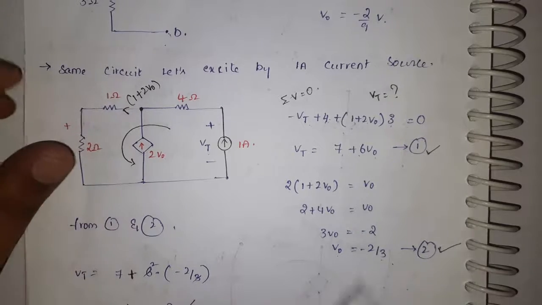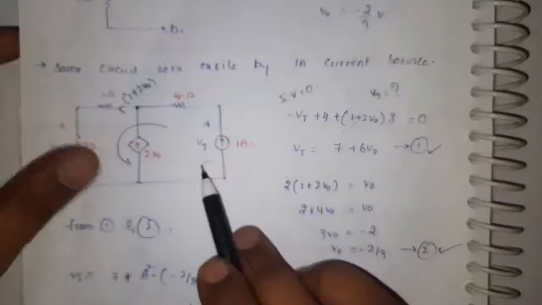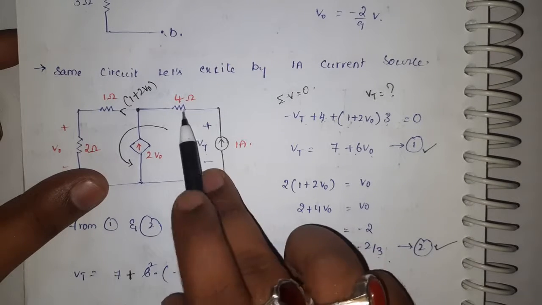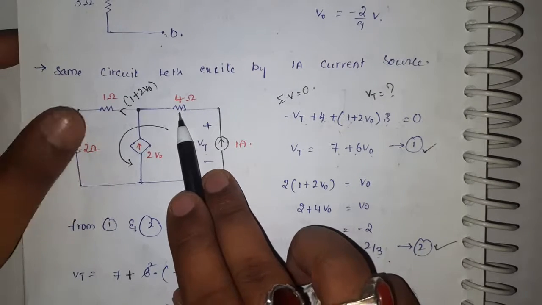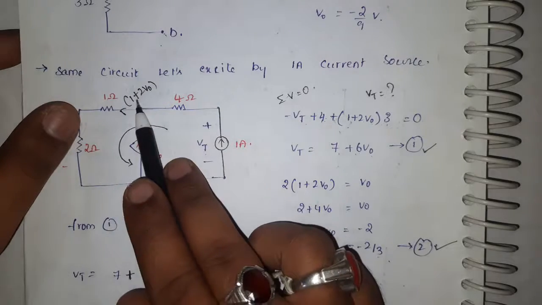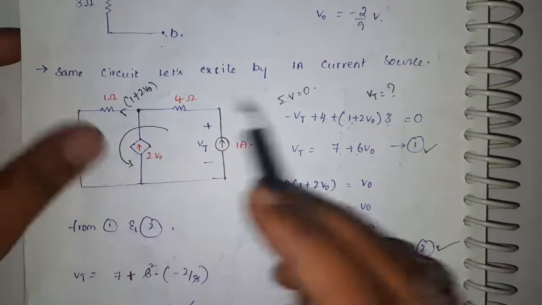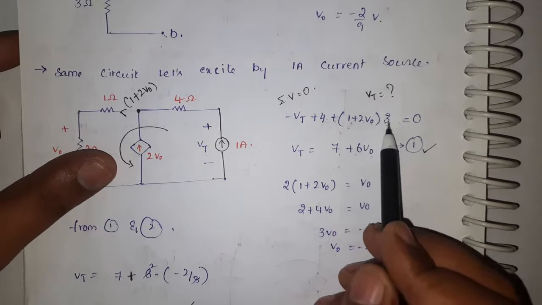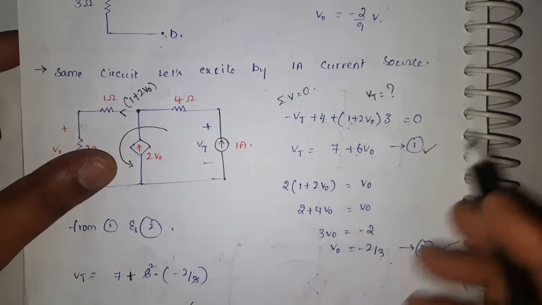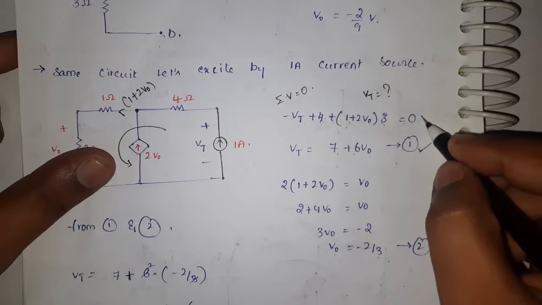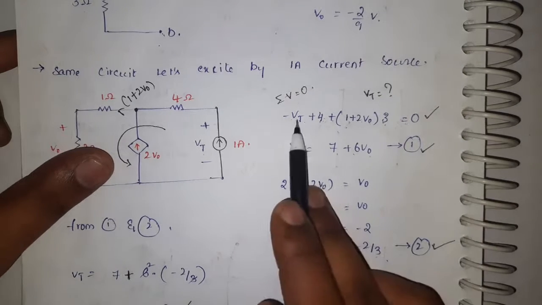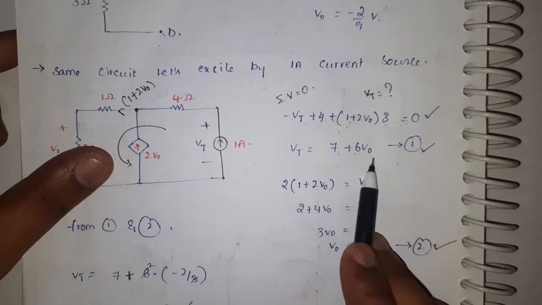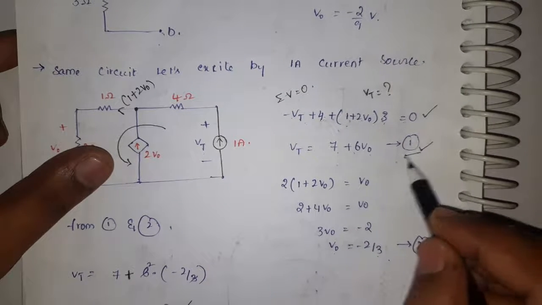These two are in series, which is equal to 3. Once again, starting from here, minus Vt plus 4 into 1 ampere, which is equal to 4, plus 1 plus 2 V naught into 3 will be the mesh equation. When we solve, Vt equal to 7 plus 6 V naught. Let us call it equation number 1.